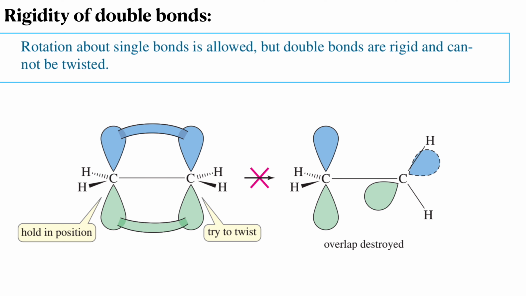If you try to twist at this position, since there is another bond between those two carbons, that bond will undergo cleavage. Whenever you try to rotate this particular C-C bond, the p orbitals will be moving into opposite planes. As a result, the pi bond will be cleaved, the overlap destroyed.